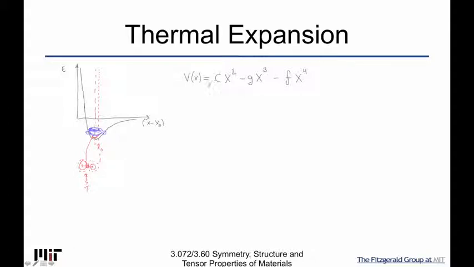So if you think about this from a potential point of view, this used to be described at the bottom as a parabola, cx squared. But as I go up here, the potential won't be where I think it's going to be. It's going to be less than I thought it was going to be.